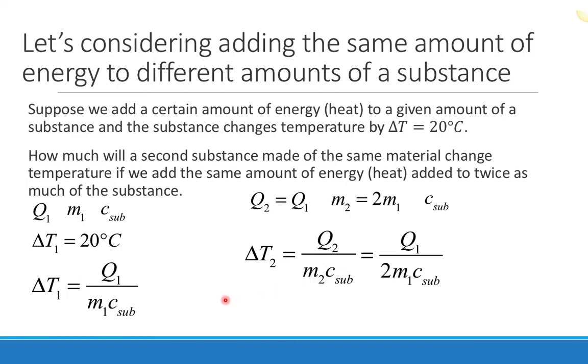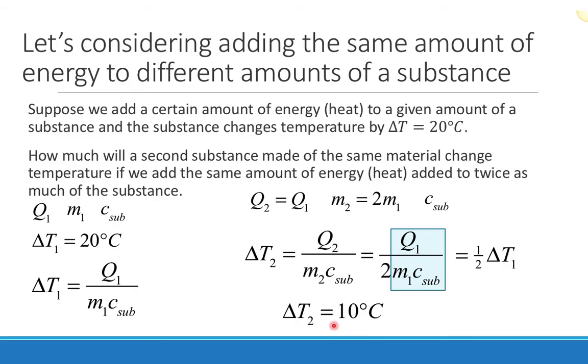So it was M1, now it's twice as big. I look at these terms and realize this is exactly the same as what I had before: the heat, mass, and specific heat. The 2 is on the bottom, so my change in temperature is going to be half of what it was before. It was 20, so it's going to be 10 degrees Celsius.